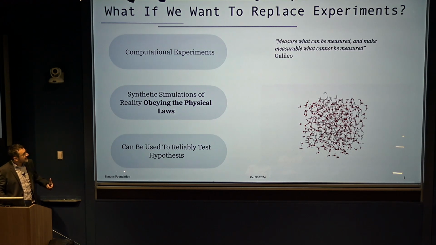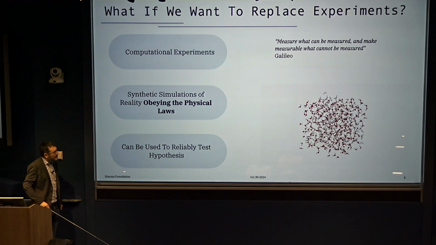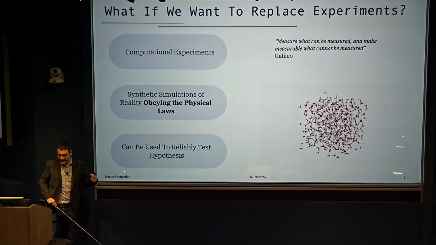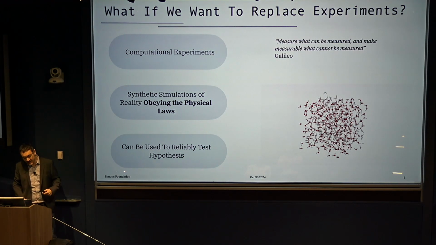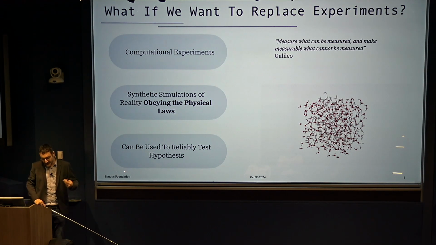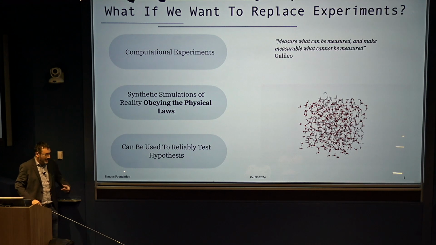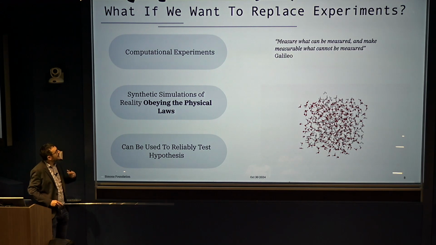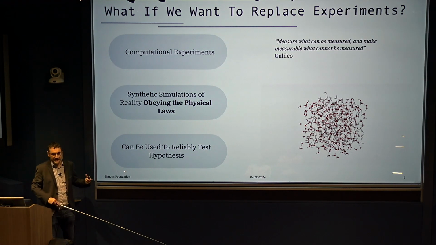And one of the interesting aspects of the modern scientific method is that this step of experimental validation in the past, already starting with the development of modern computers, has been more and more replaced, is being more and more replaced by essentially computational experiments.